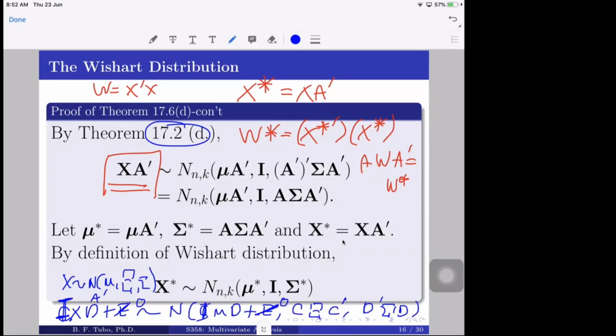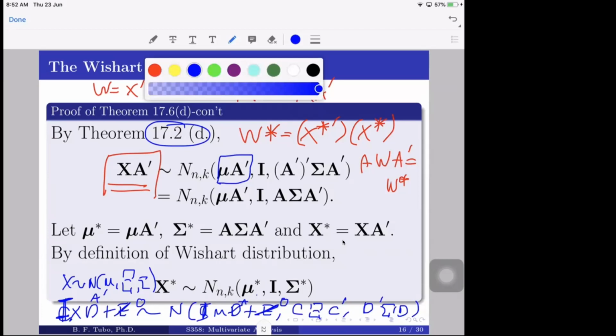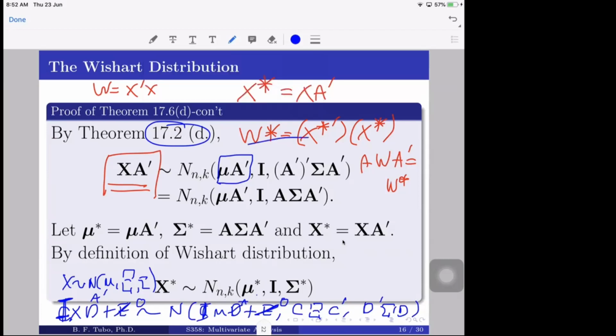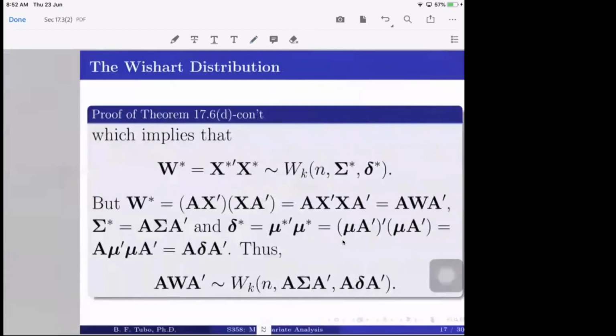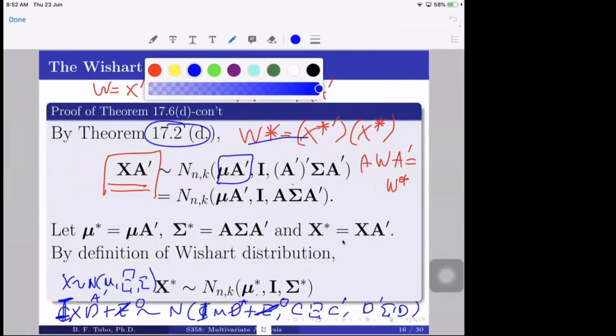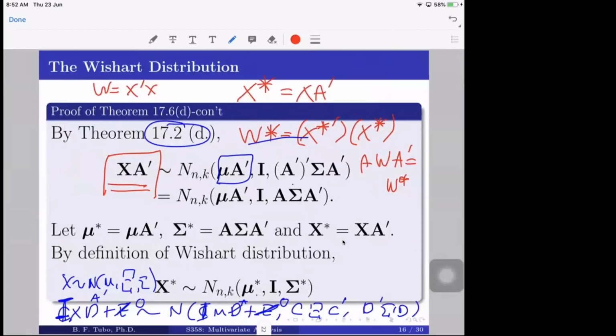So what will happen is mu A prime, because D is A prime.